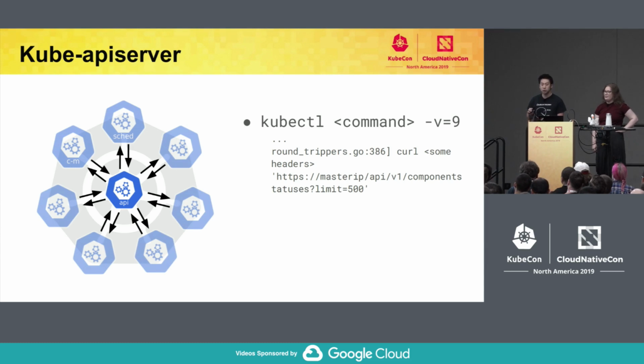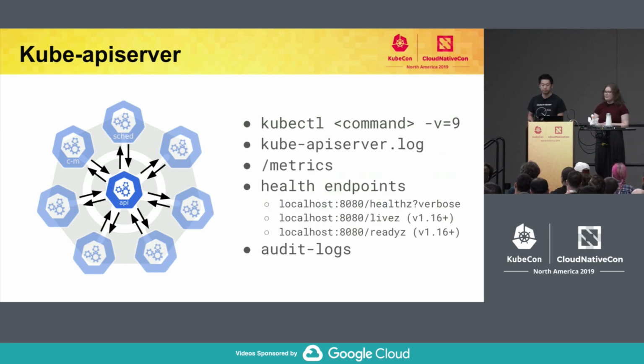But that's just the surface of Kube-apiserver introspectability. The fact is, the Kube-apiserver is so central that it increases the value of introspecting it. Since all component interactions will go through this RESTful API, we can see those interactions in our API server logs.